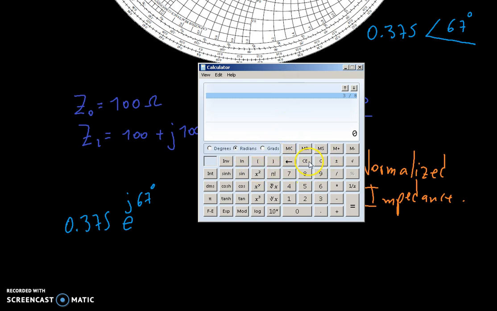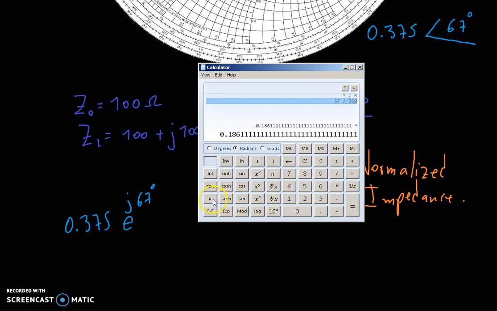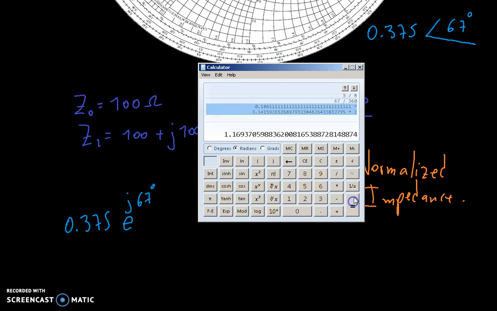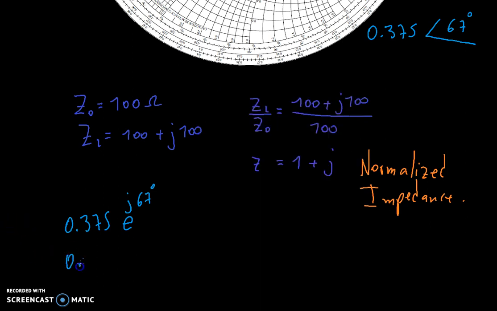So in order to do that, we do 67 divided by 360, and we multiply that by 2 pi. So this is 1.16. So the result is 0.375 e to the j 1.16.